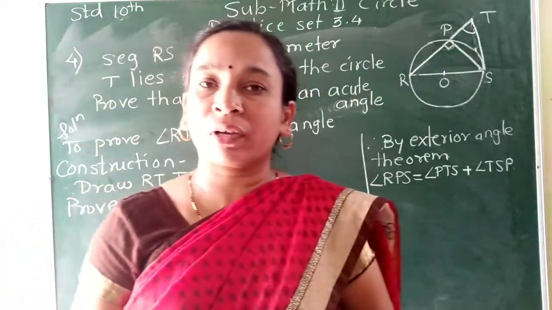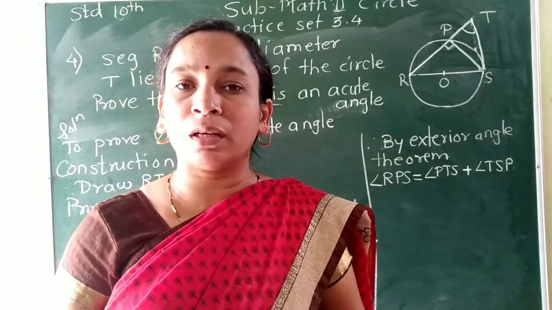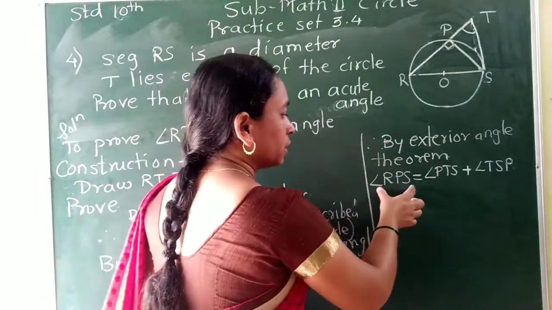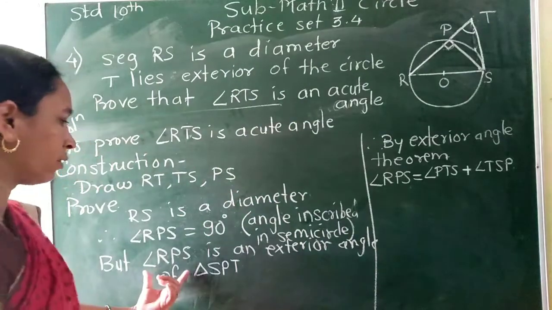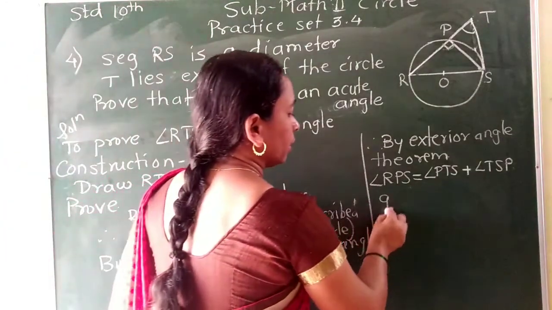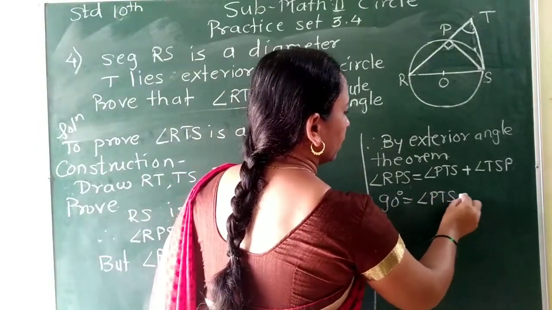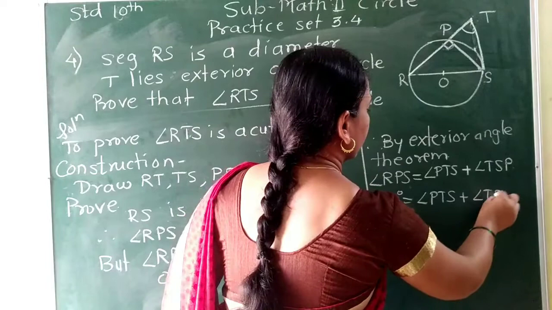What is the property of an exterior angle? The exterior angle is the sum of the remote interior angles. Now just now I have shown you that angle RPS is 90 degrees. So 90 degrees is equal to angle PTS plus angle TSP.